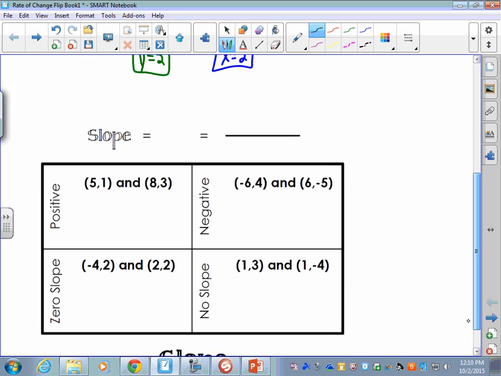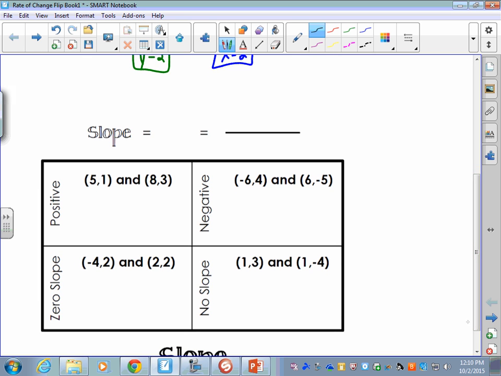Alright, next part. I think we recorded this. This was our change in y over change in x, which is also the formula y2 minus y1 over x2 minus x1. Alright, so just to help you out, I'm going to recap. The first coordinates here are your x1 and your y1.